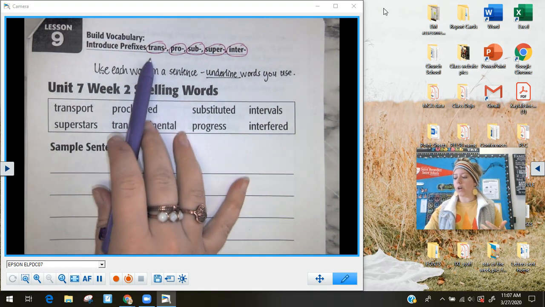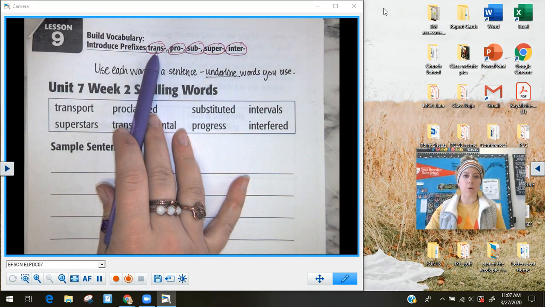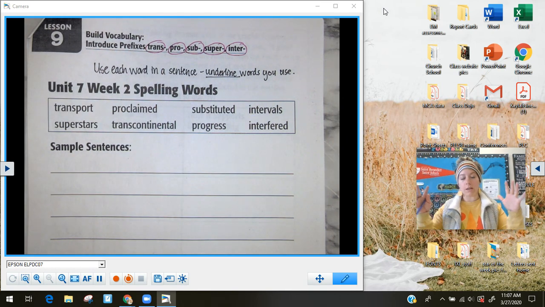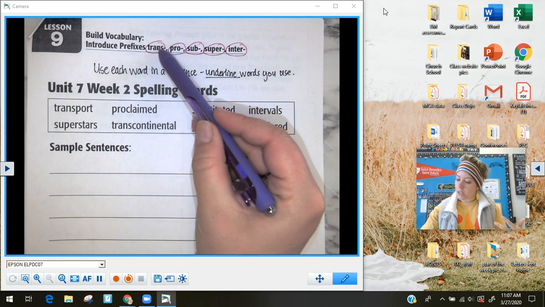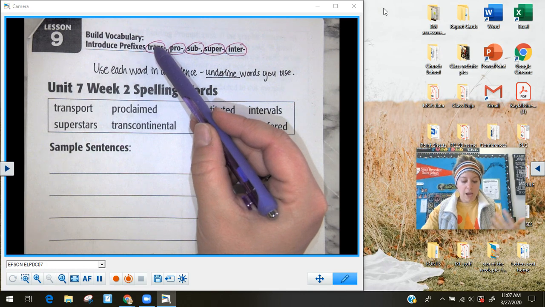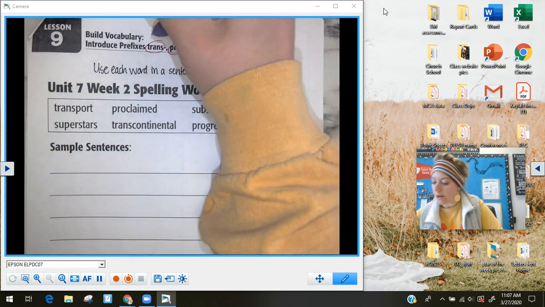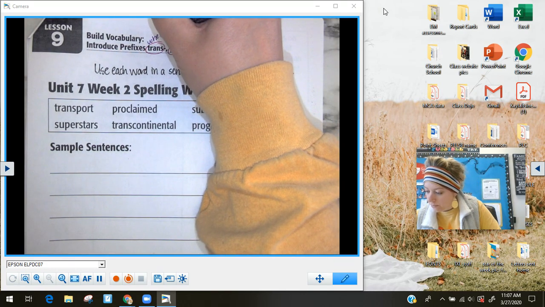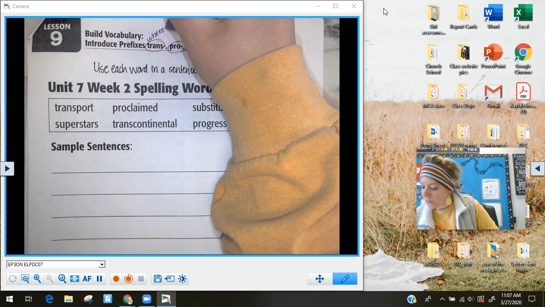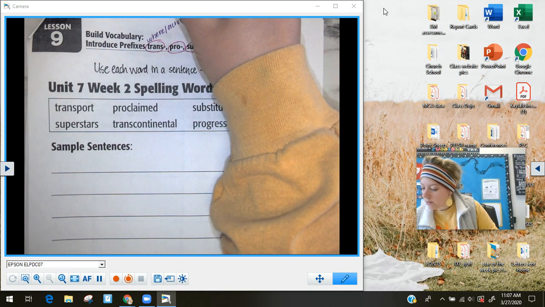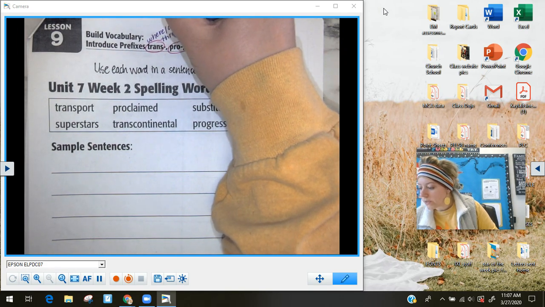So if you think of the word transcontinental railroad, right? That's kind of what we've been talking about this week, that railroad that was built across the entire United States. The prefix trans actually means across or through something.